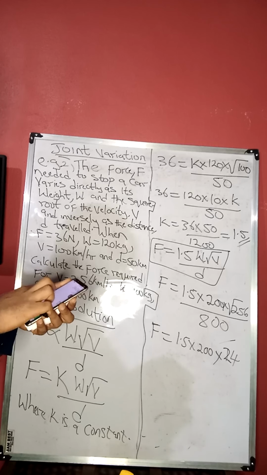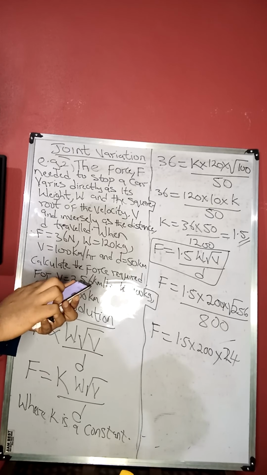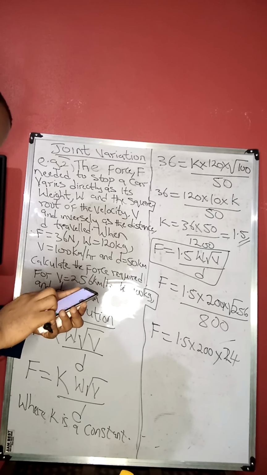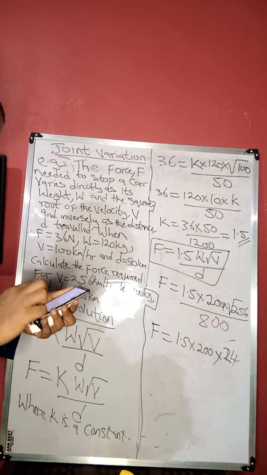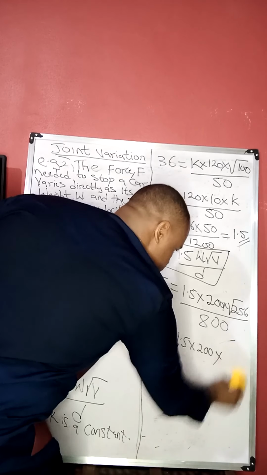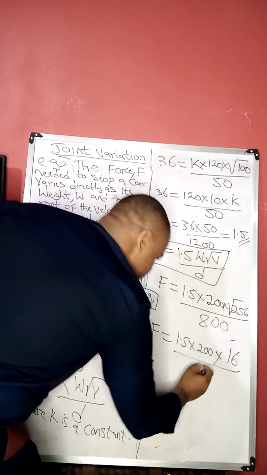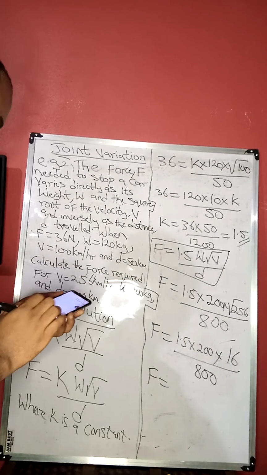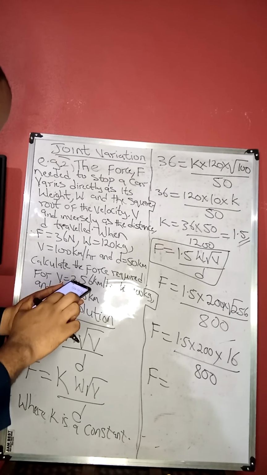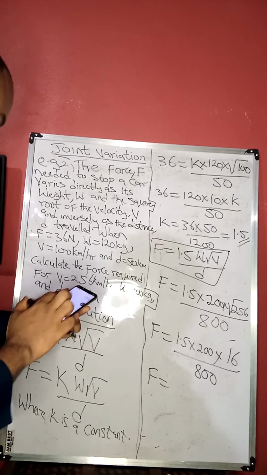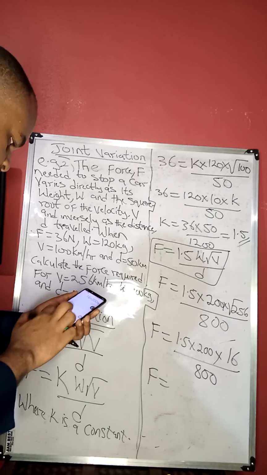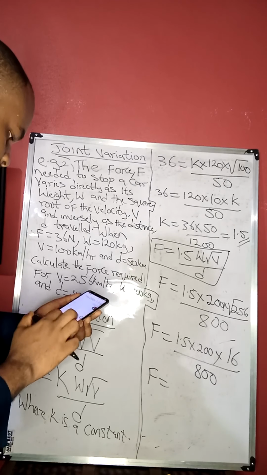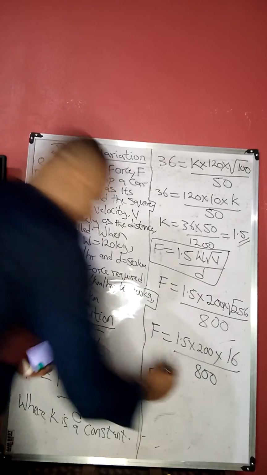Okay. 16 all over 800. So my F will be equal to, punch out these values. 16 times 200 times 1.5 divided by 800. I'm having 6.